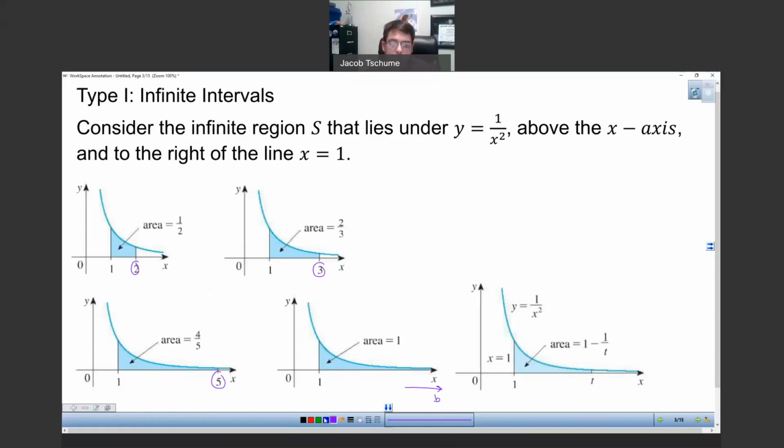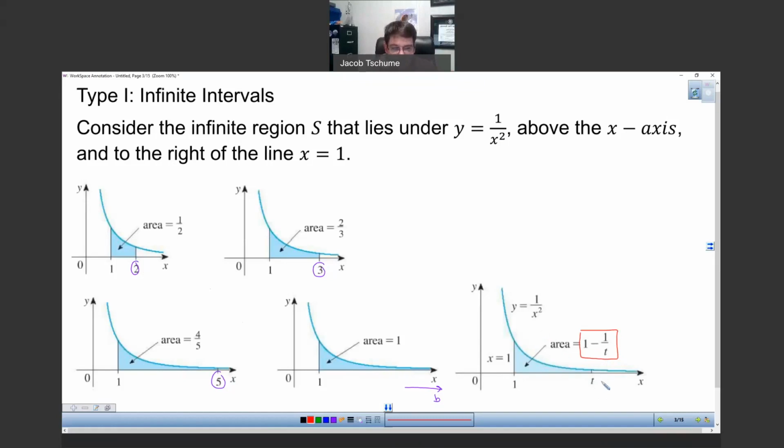What our ultimate goal is going to be in this section is, is there a way to express the area under a curve in a general form? So what we could do is show that the area under the curve of this function from 1 to any value of t is found to be 1 minus 1 over t. And then you could plug your t value in for whatever it may be, and you'll get your value.